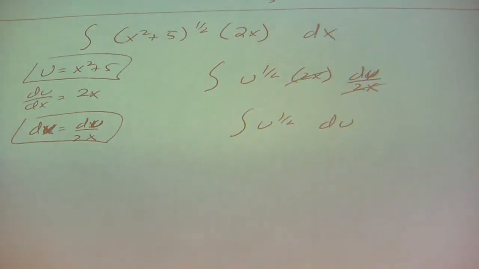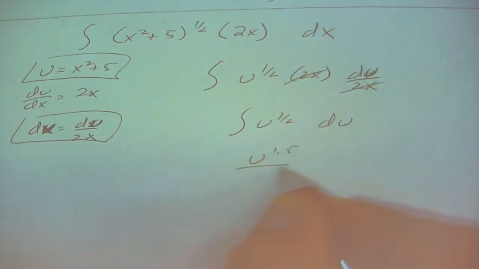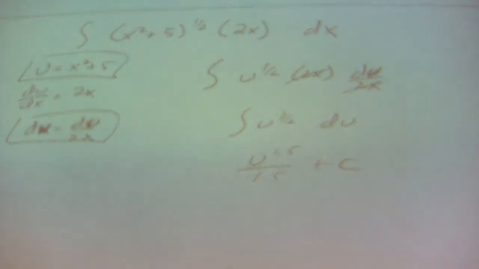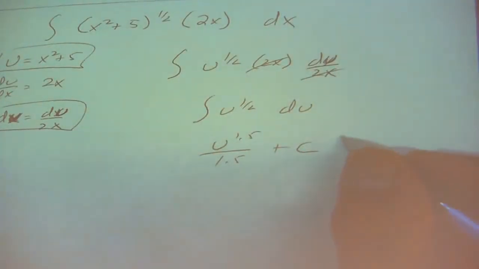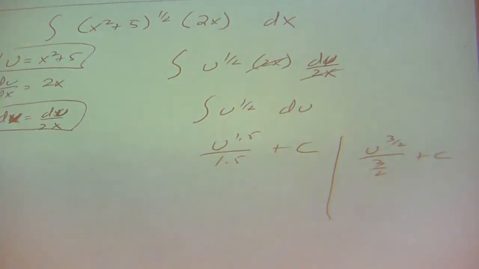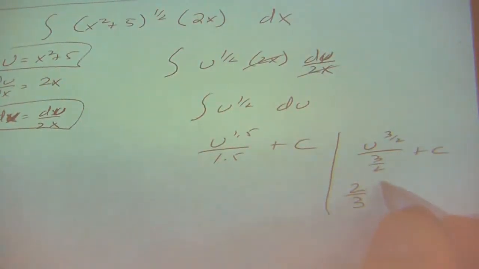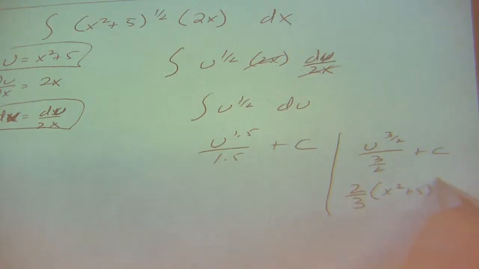Have I taken the integral yet? Nope. So again, you can put u to the 1.5 divided by 1.5. Don't forget your plus c. Or I'll put right side by side. If you did u to the 3 over 2 divided by 3 over 2 plus c, this would be 2/3. 1 divided by 3 over 2 is 2/3. (x squared plus 5) to the 3/2 plus c.